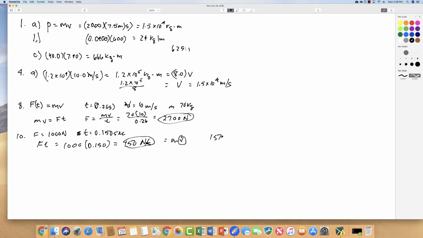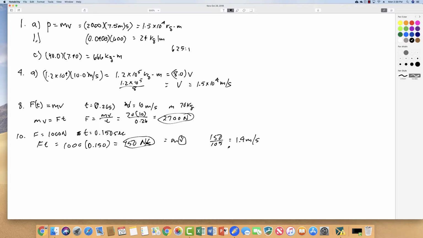So we have 150 divided by his mass, and his mass was 105. So his velocity is going to equal 1.4 meters per second.